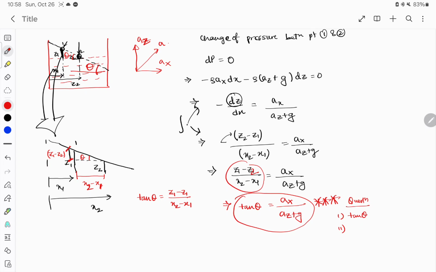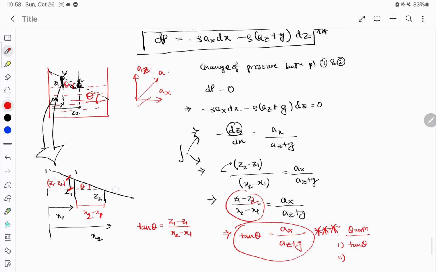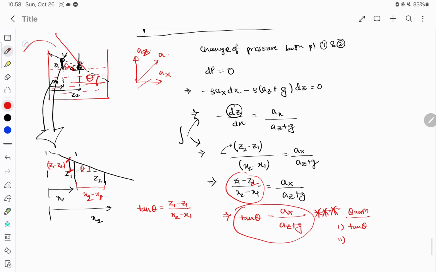Number 2, they will ask you to calculate whether there will be volume spill out. See, if the acceleration is way too much, this liquid may fall out from the container.